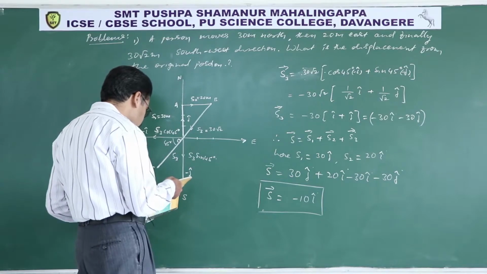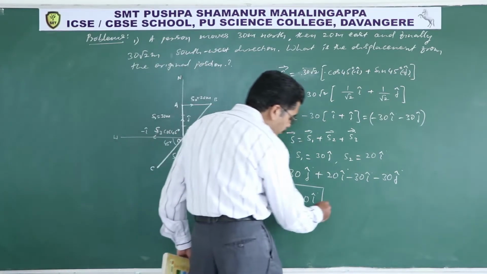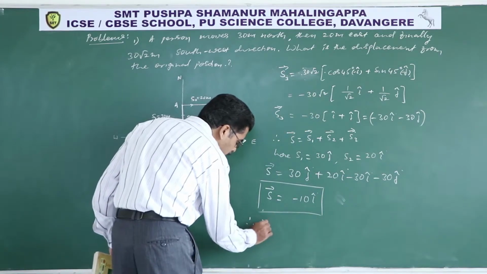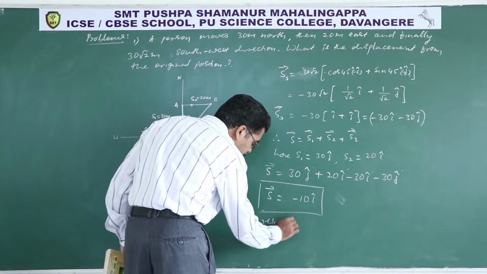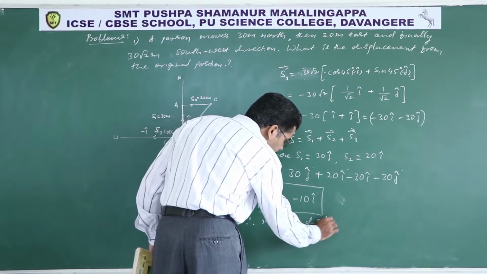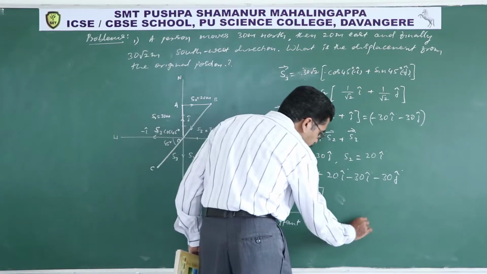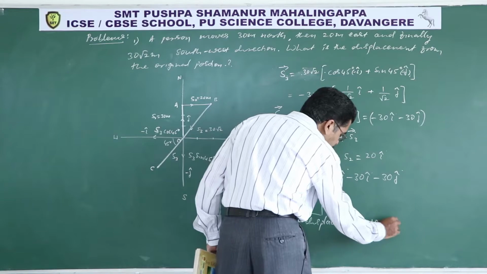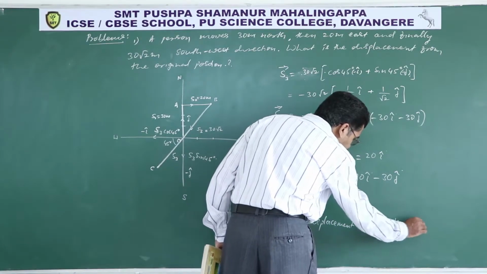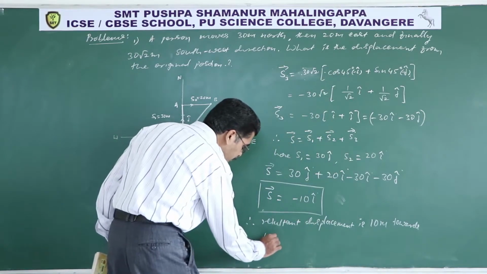Therefore, the resultant displacement is 10 meter towards west.